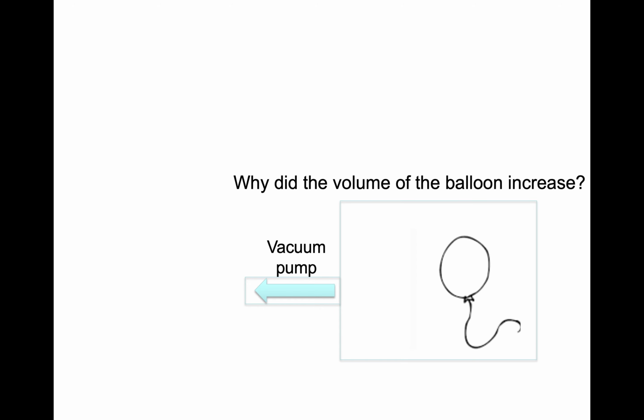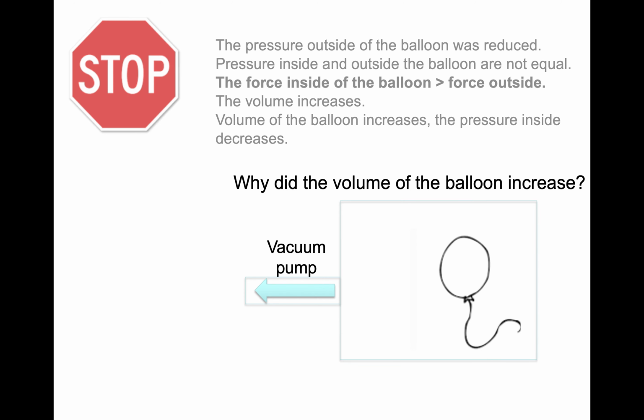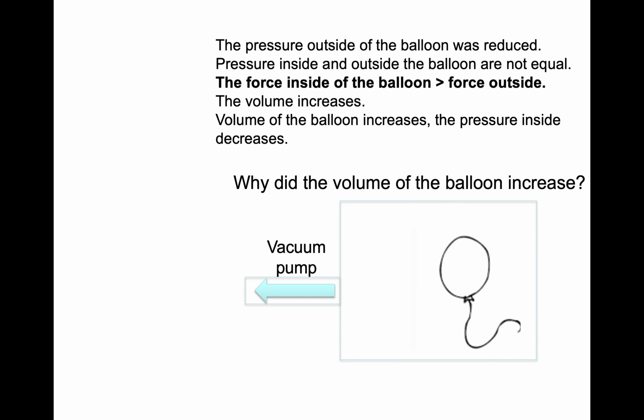Why did the volume of the balloon increase? What would be your explanation? I think the pressure outside of the balloon was reduced. It was reduced because the air particles were removed from that bell jar. The pressure inside and outside the balloon were no longer equal.